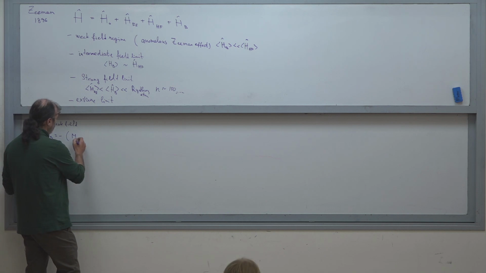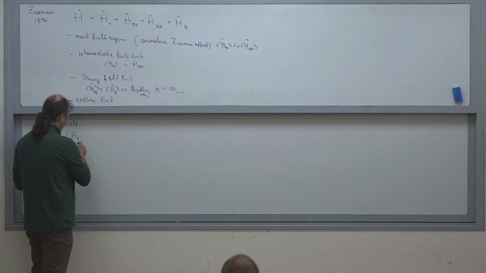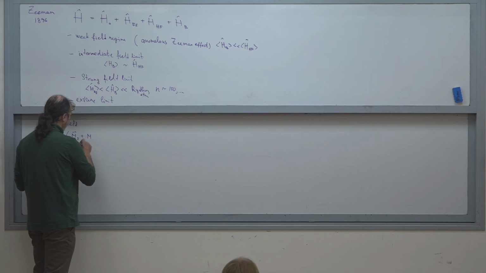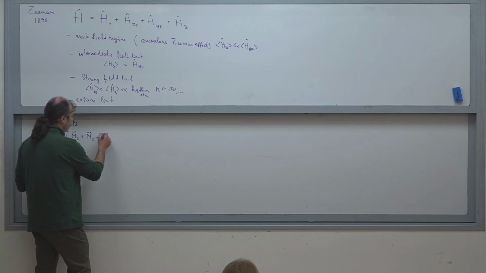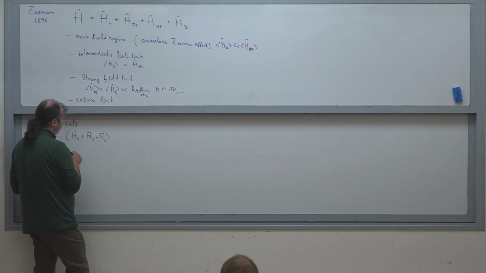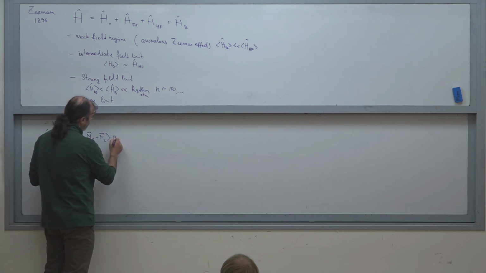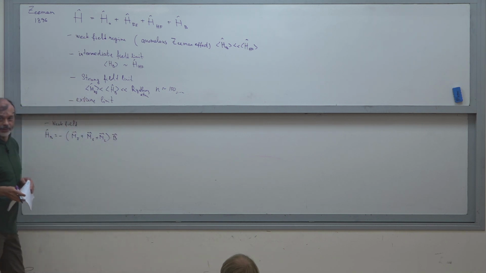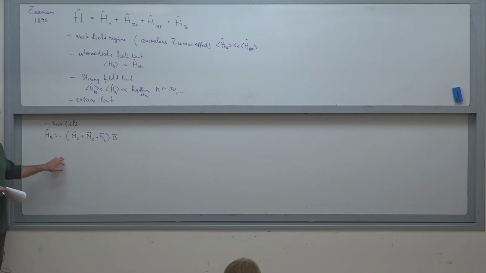The magnetic moments that we have are the magnetic moment of I, the spin of the proton, if we are talking about a hydrogen atom, plus the magnetic moment of the electron spin, plus the magnetic moment of the orbital angular momentum of the electron, multiplied by B, the magnetic field. So that's the Hamiltonian, right? So that we have to solve. Is that all? No. That's not totally correct.